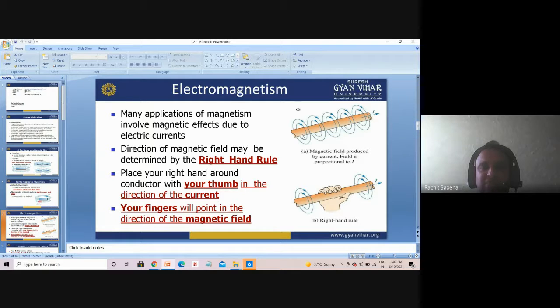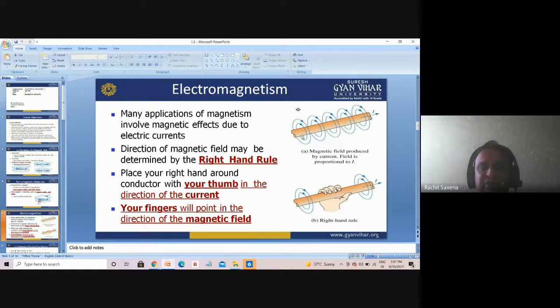How? If we give supply to the coil, then current will flow. If it is alternating, and the turns of the coil are N and the current is I, then if we multiply these two, that becomes ampere turn. That ampere turn is represented as MMF, the magnetomotive force.